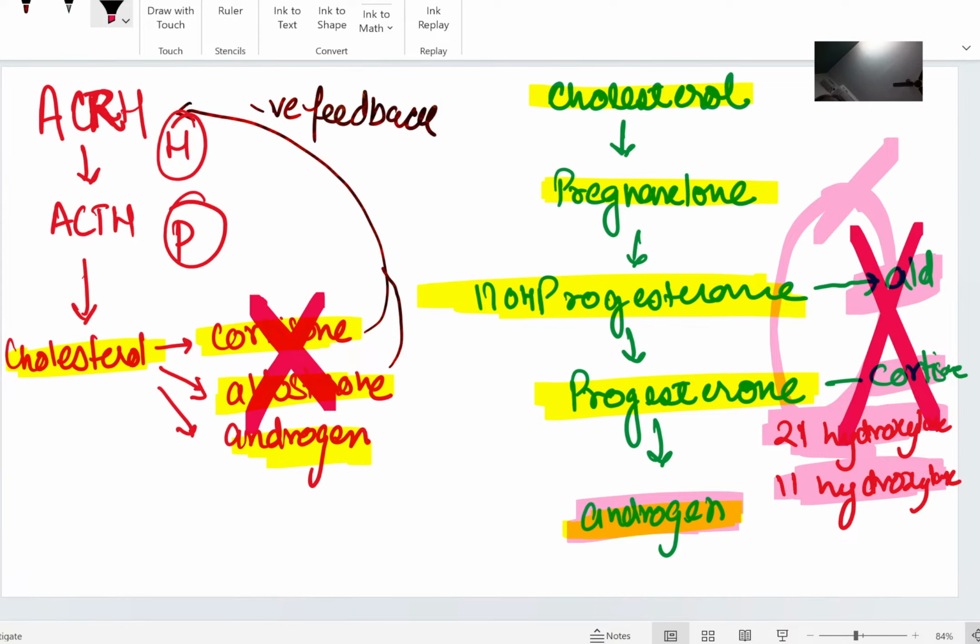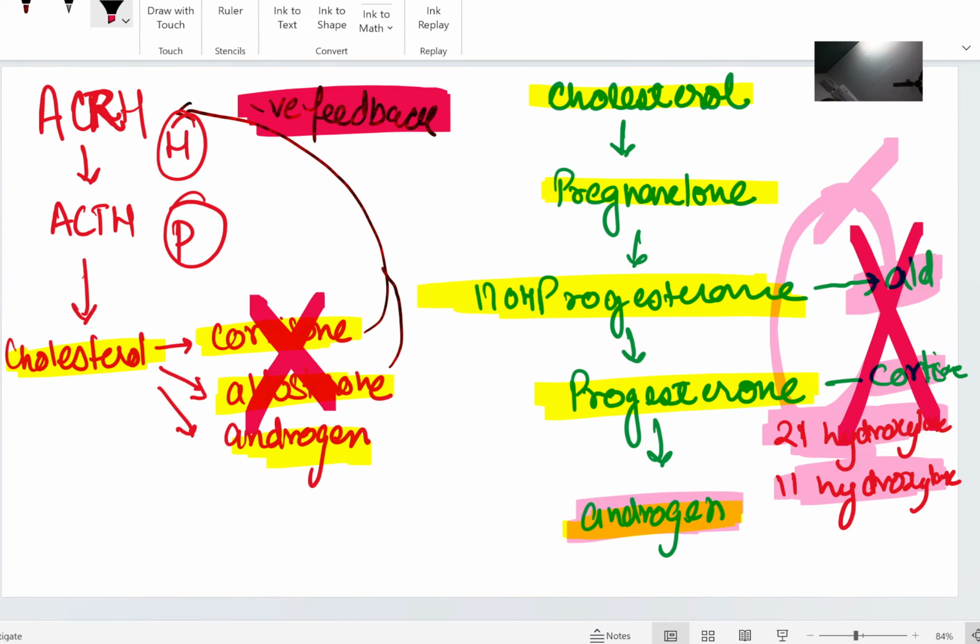so there is no negative feedback. So this pathway keeps on running the whole day. In a normal human being, this pathway runs only two times a day, one in the morning and one in the evening.